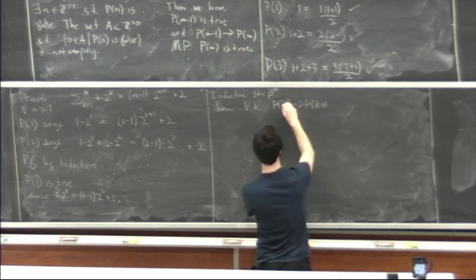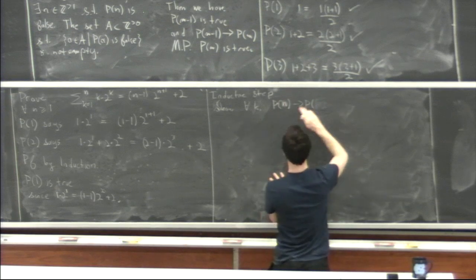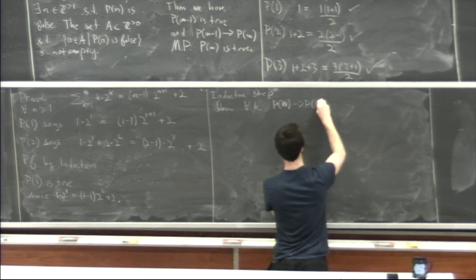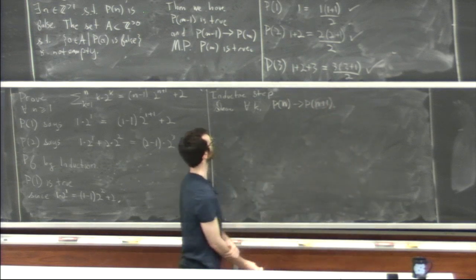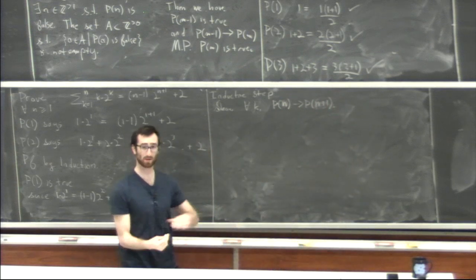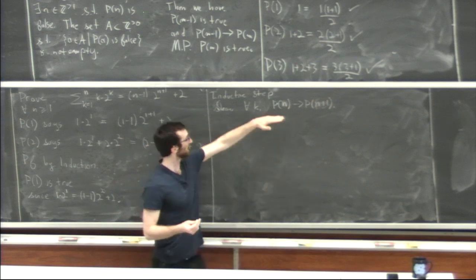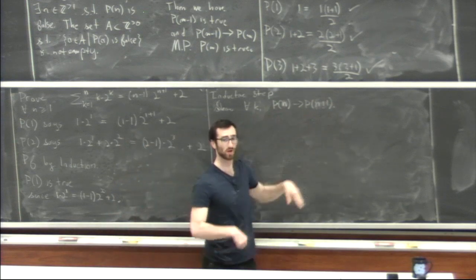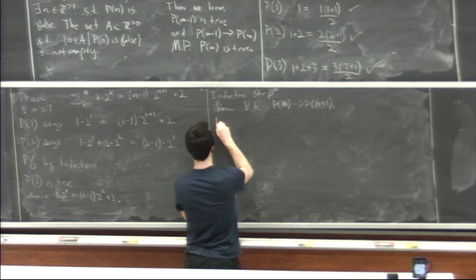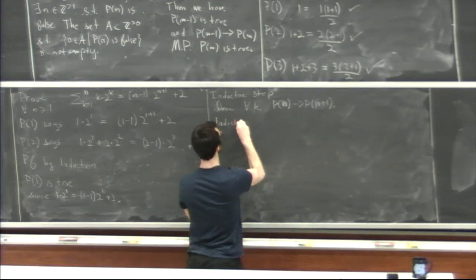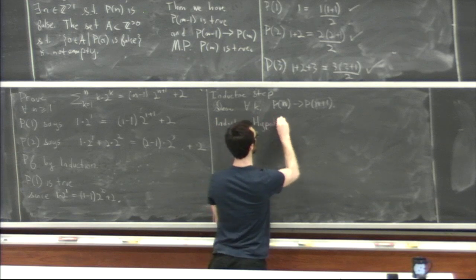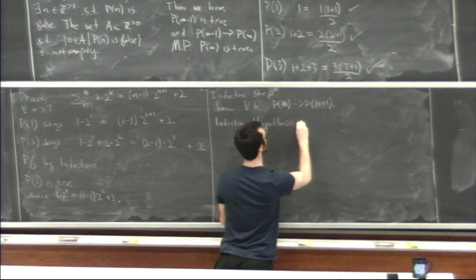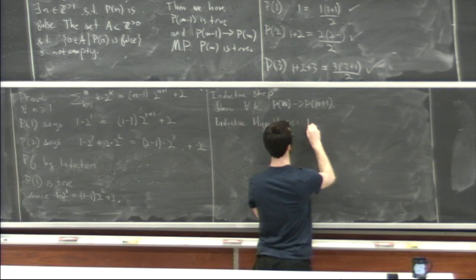For all n, P of n implies P of n plus 1. What I'm going to do is show if this is true, then this is true. So the inductive hypothesis is that P of n is true.